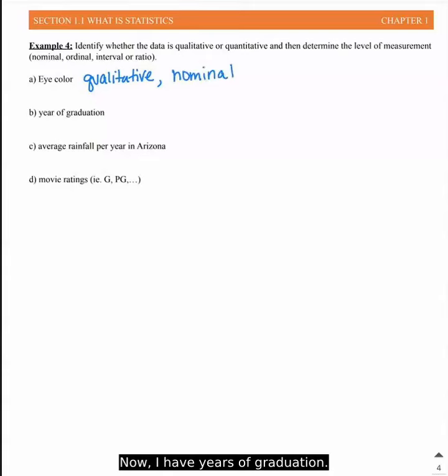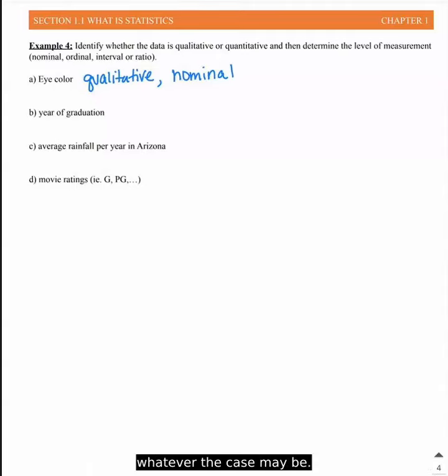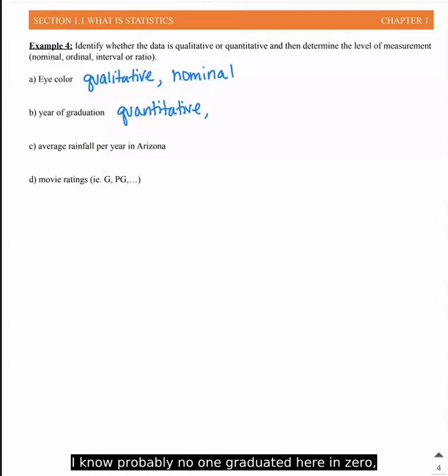So now I have years of graduation. So maybe you graduated in 2020, or maybe you graduated in 1990, whatever the case may be. So is it qualitative or quantitative? It would represent quantitative data. It's numerical. And so now I think of an absolute 0. So I know probably no one graduated in year 0.